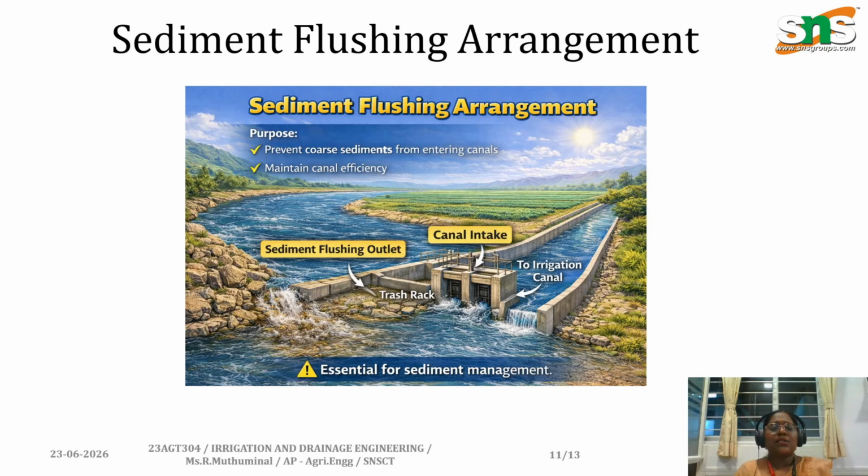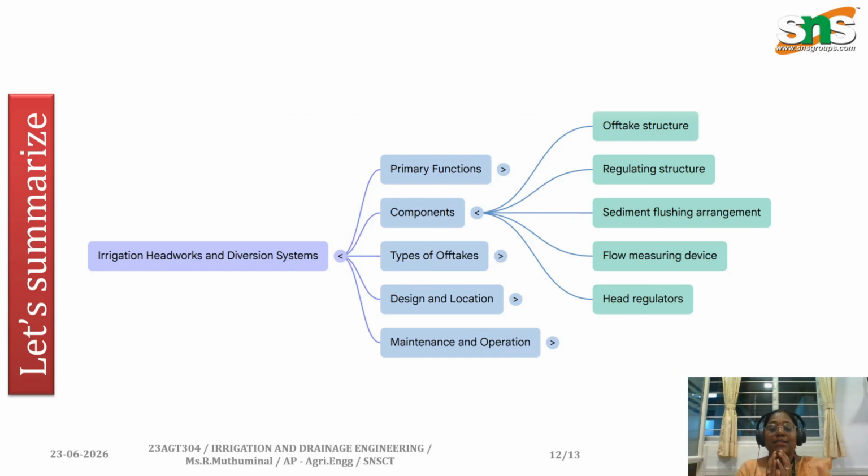Thus, the headworks are not merely concrete structures, they are vital engineering systems that enable the efficient utilization of river water. Without headworks, large scale canal irrigation would not be possible. Therefore, headworks form the foundation of irrigation engineering and play a significant role in enhancing agricultural productivity and ensuring food security. So, this is what I have prepared for today's class.